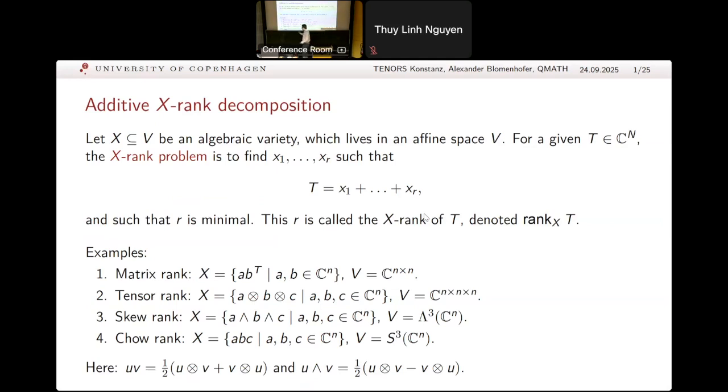For a symmetric tensor, we can look at the tensor rank, where we have a_i tensor b_i tensor c_i. This is the tensor rank. But we can also write it as u_i tensor u_i tensor u_i, and that is called the symmetric rank.